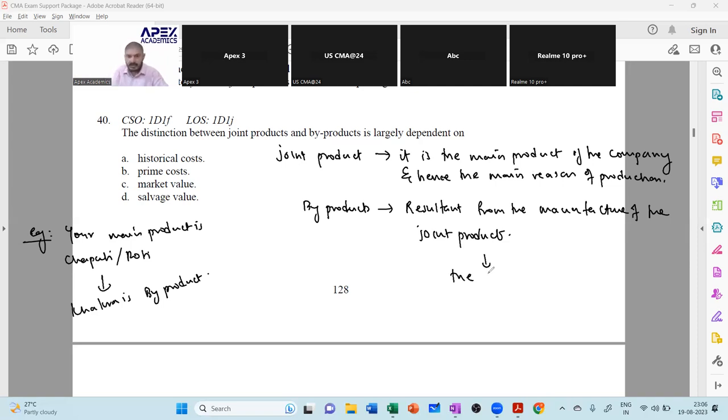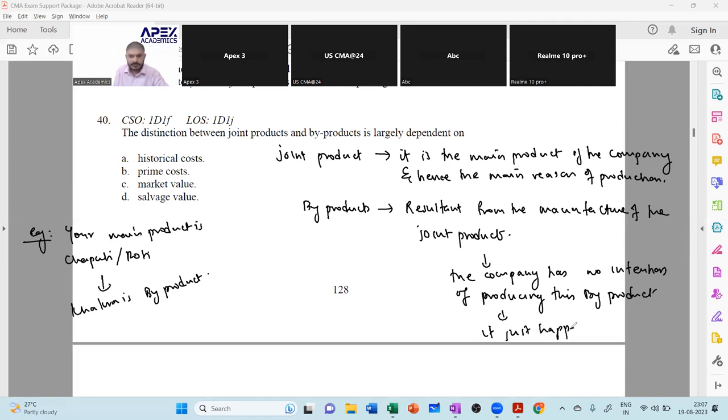The company has no intention of producing this byproduct. It just happens. The joint product has a market price. It has a market demand. A byproduct is sold at salvage prices.